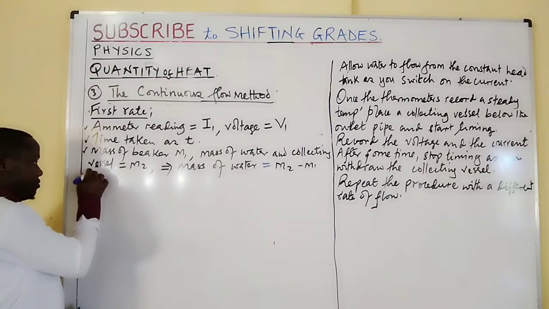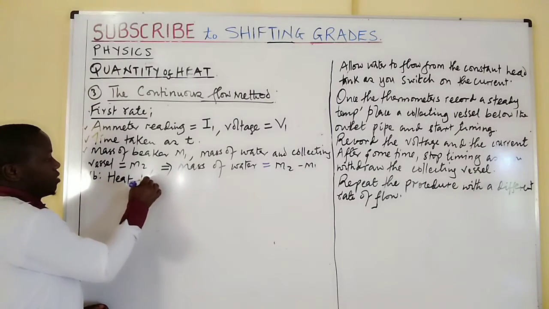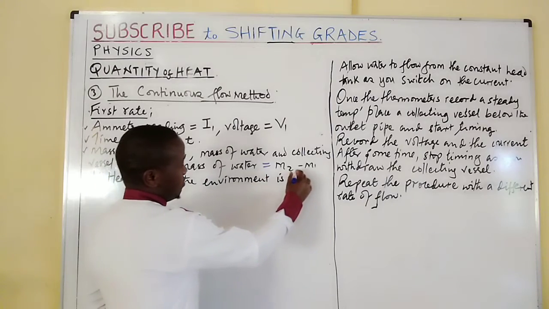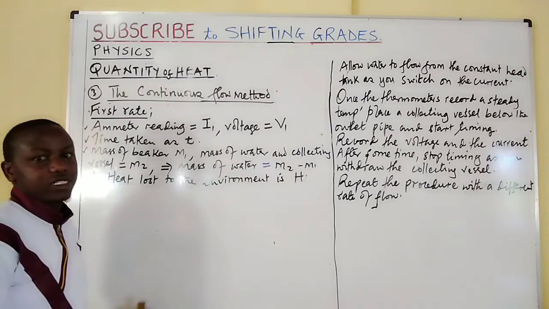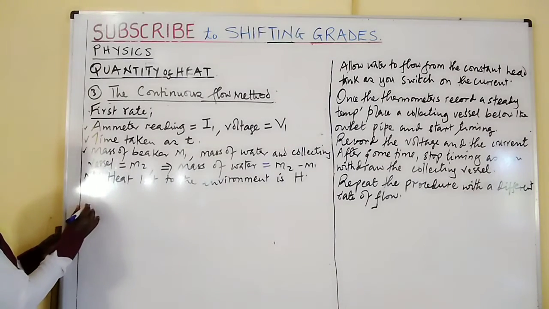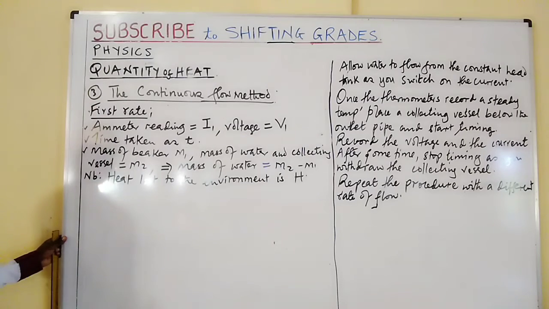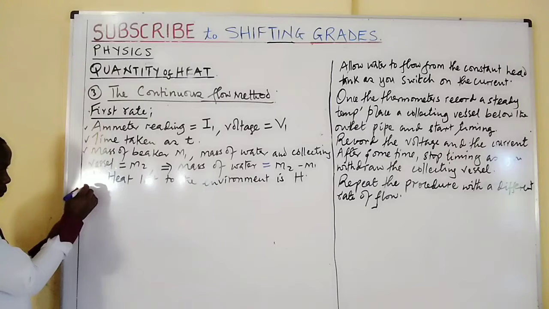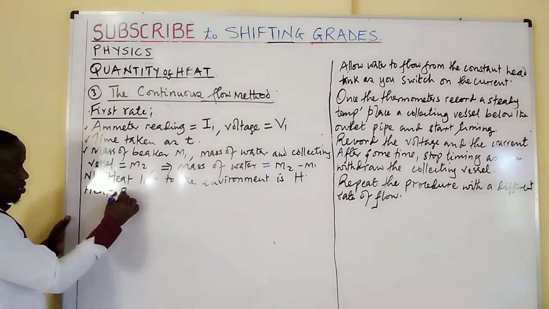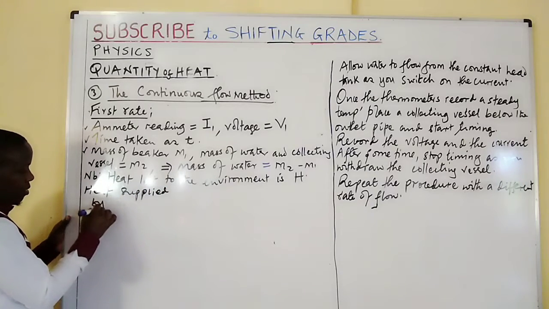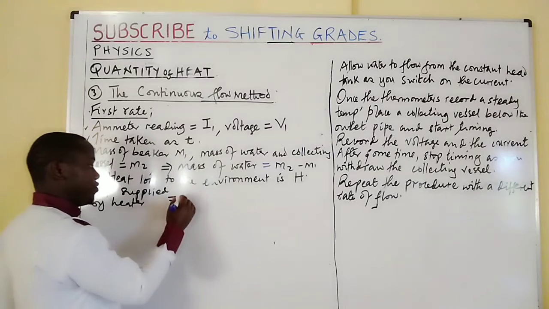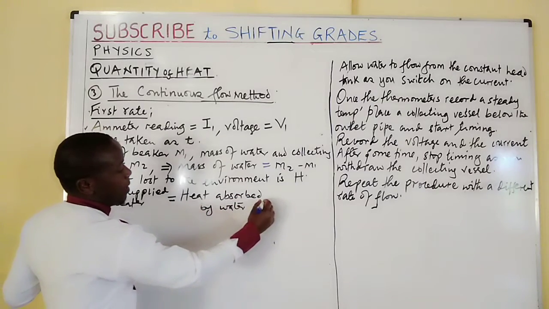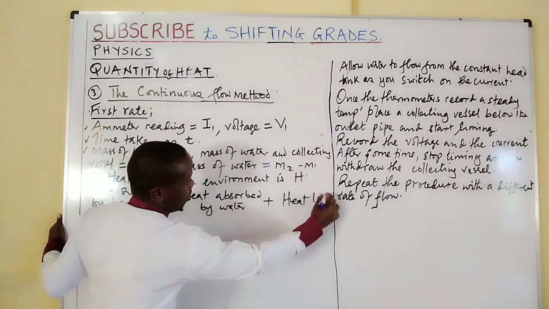It's good to know that heat lost to the environment, or to the surrounding, you can call it capital H. Then for this level, you can say that heat supplied by the heater coil is equal to heat absorbed by the water plus heat lost to the surrounding.